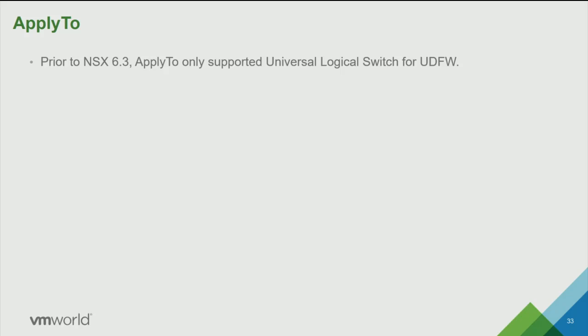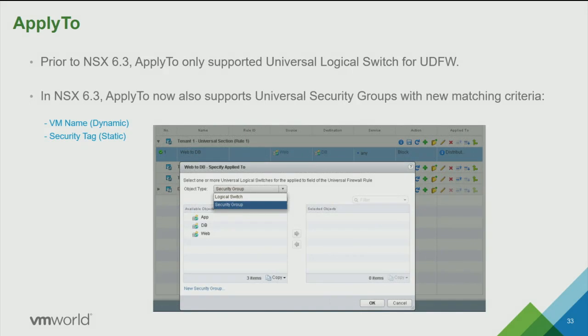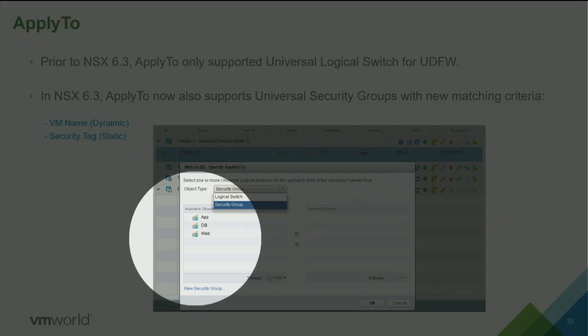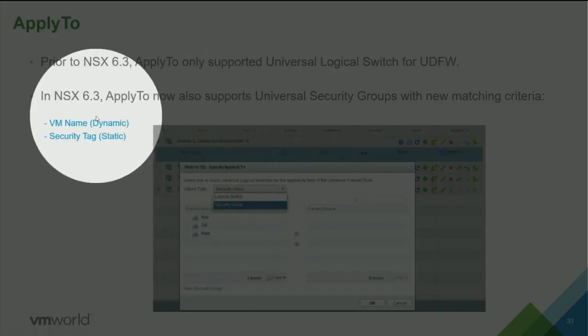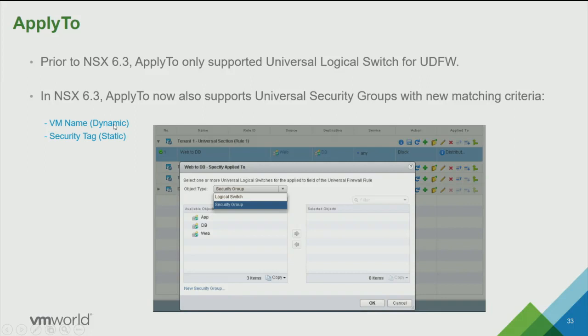So they're just leveraging cross-vCenter NSX for multi-site security. They couldn't really leverage Apply To because it only worked with universal logical switch and they don't have universal networks deployed. So now we allow it with universal security groups with this new matching criteria of VM name and universal security tag. So here you can see I'm using Apply To and I'm selecting a universal security group which has this new matching criteria of universal security tag or VM name.